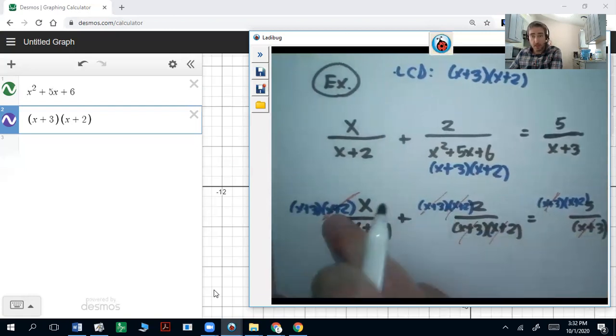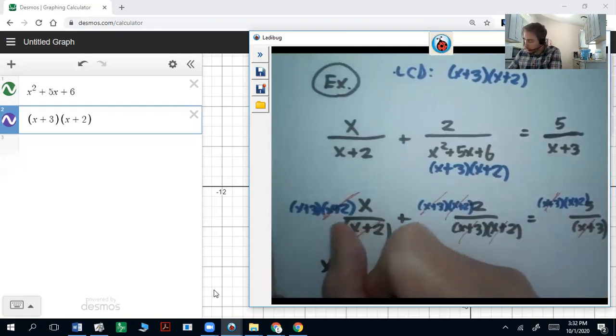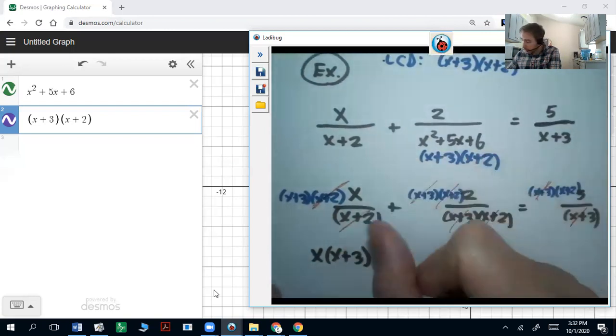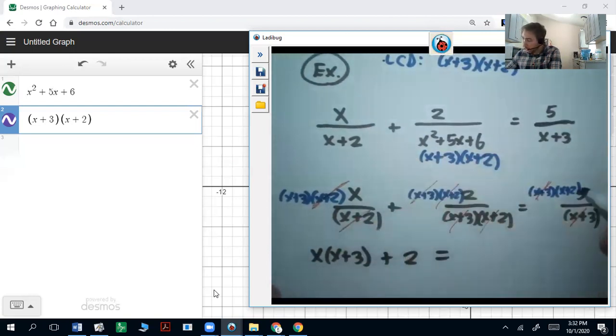So we have x times x plus 3, and we have just the 2, and we have the 5 times x plus 2. Now you can get both the real and extraneous solutions from this point if you'd like to.